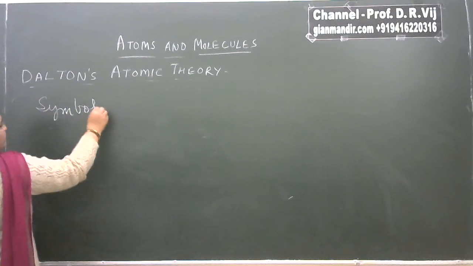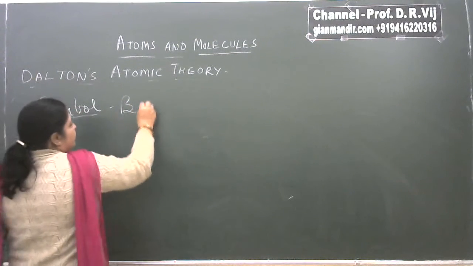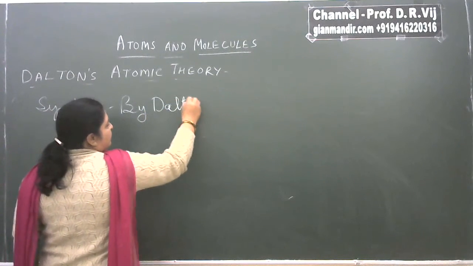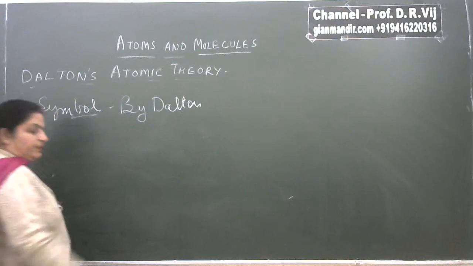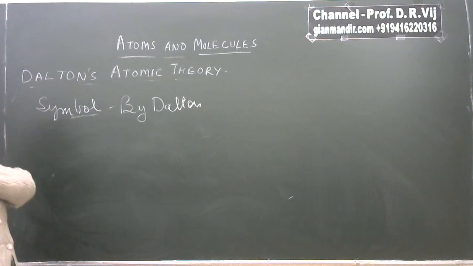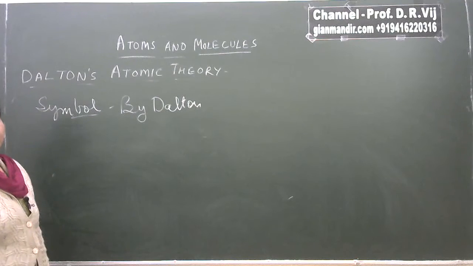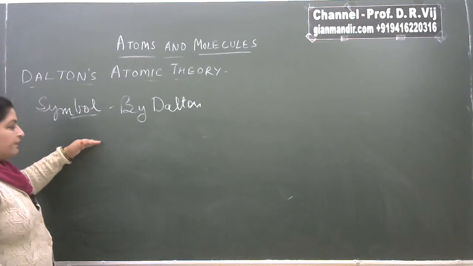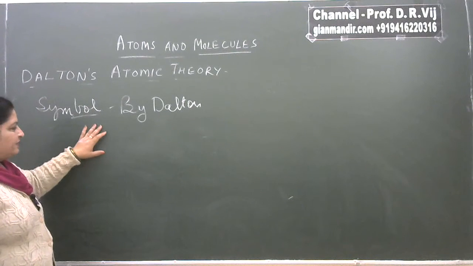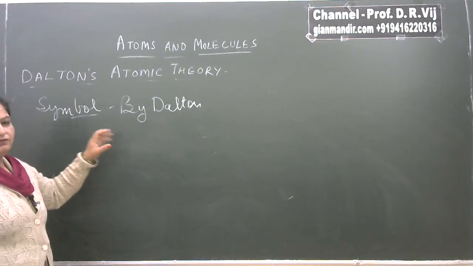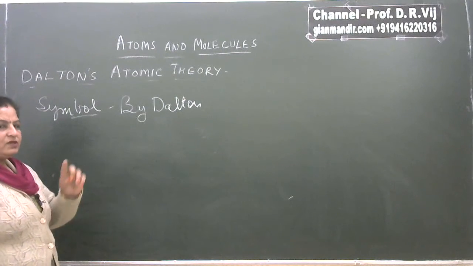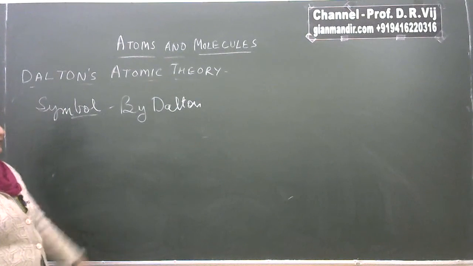The first kind of symbols were given by Dalton, and they were on the basis of some properties or appearance of the element. And of course, the symbols given by Dalton were not only qualitative, they were quantitative also, because each symbol represents one atom.